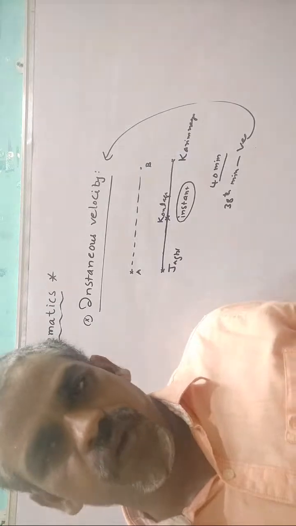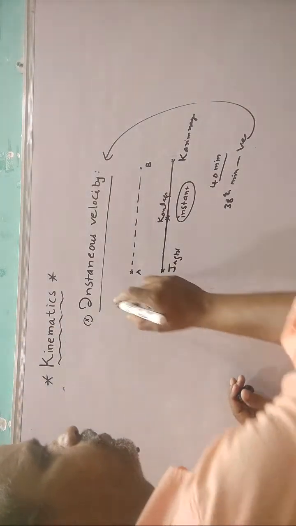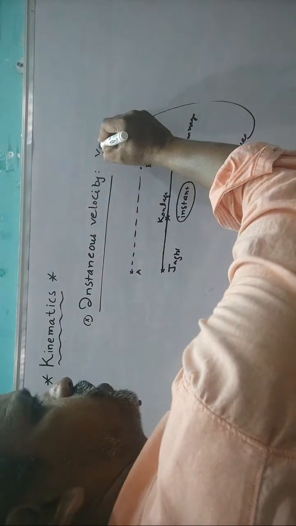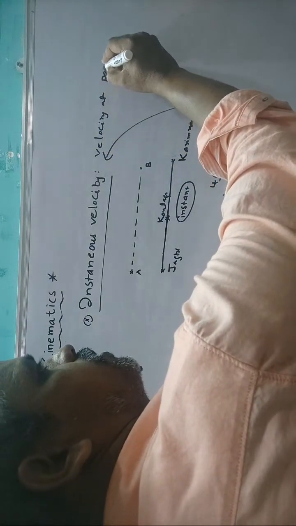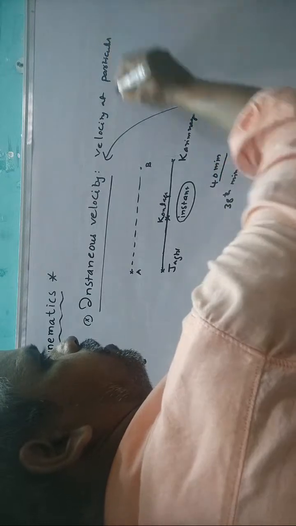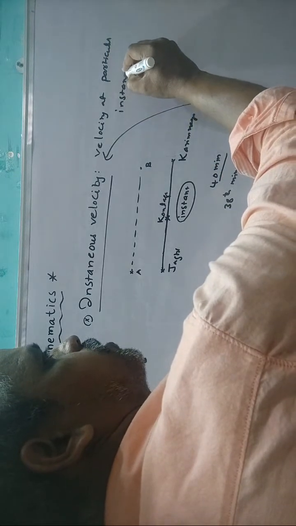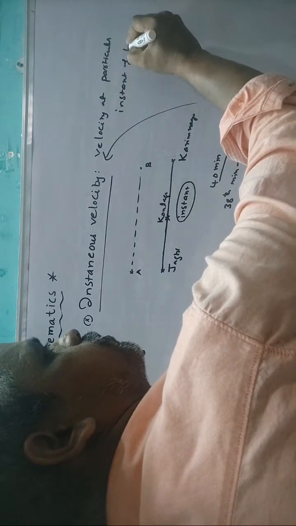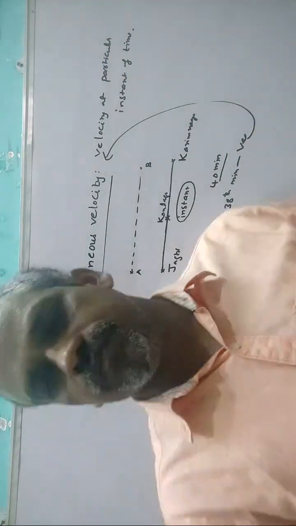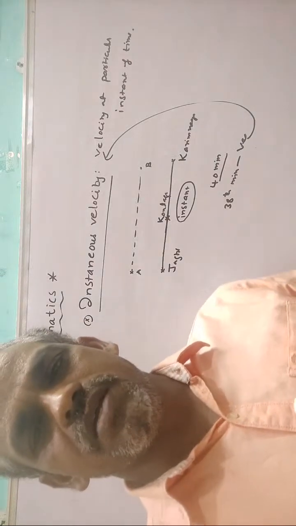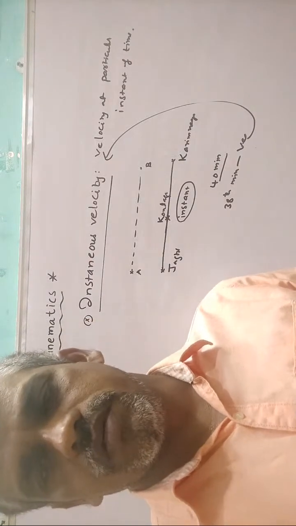That means you can write the definition. Simple, don't write much. Velocity at a particular instant of time, a particular time, a particular point, we can say instantaneous velocity.